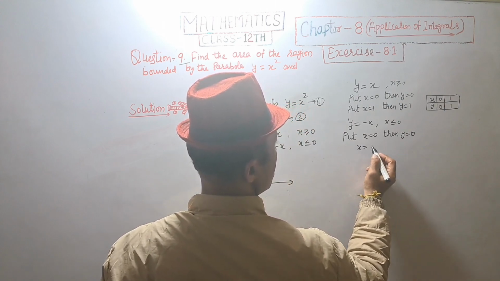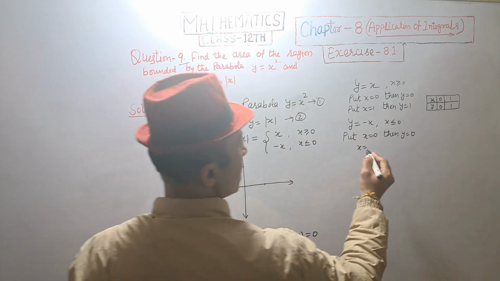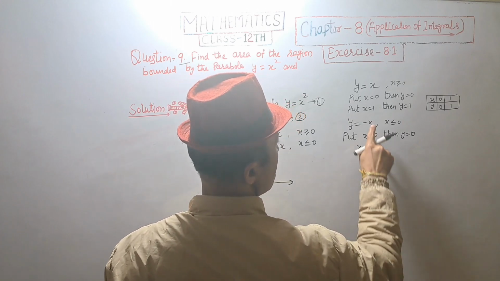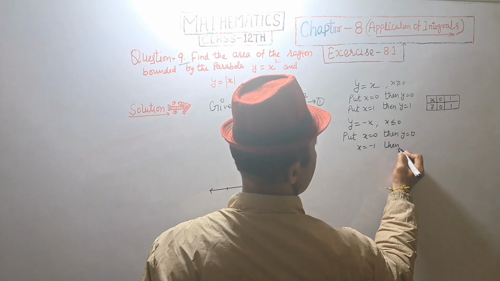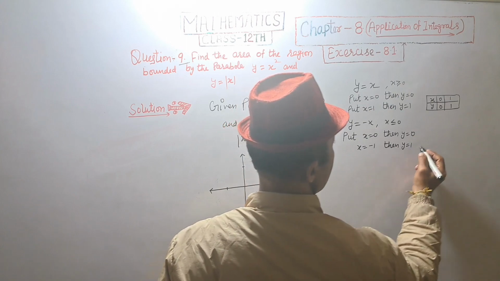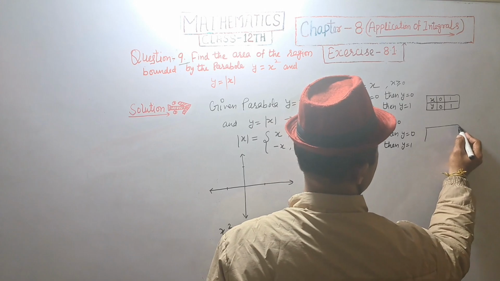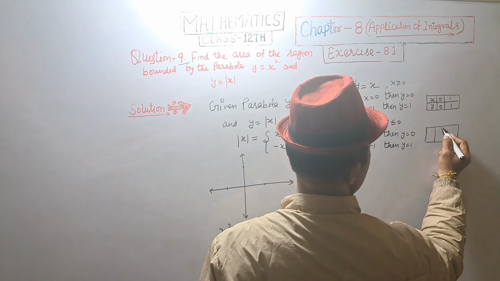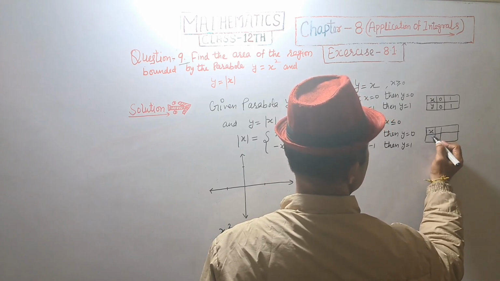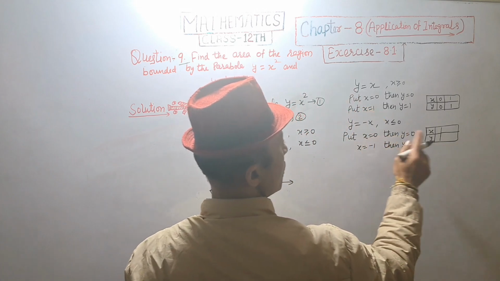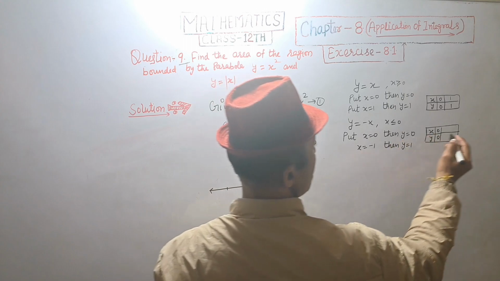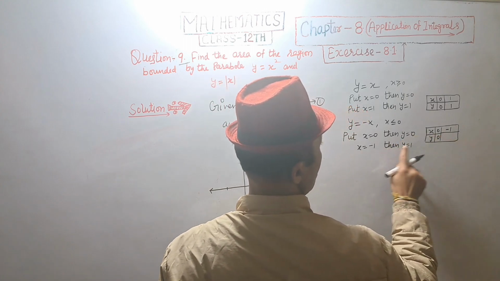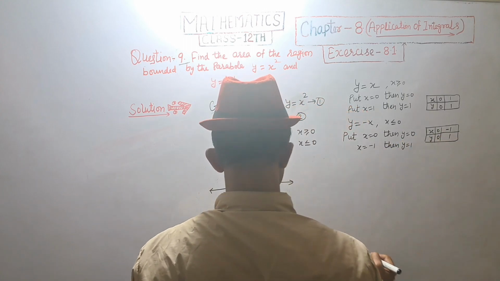And when x is equal to minus 1, minus minus, then y will be positive 1. So the points x, y are 0, 0 and minus 1, 1.